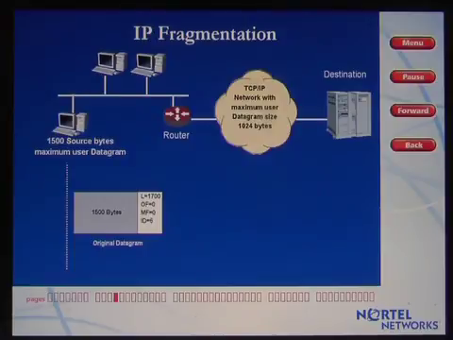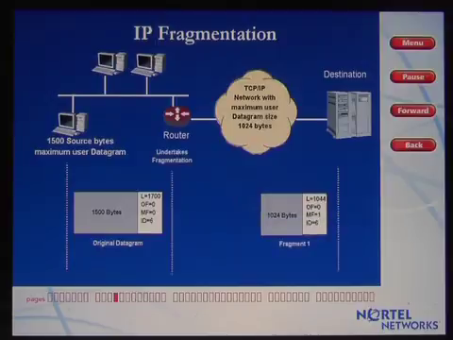Only once the last fragment, with more bit set to 0, has arrived have all the fragments been received. Finally, the host needs information that all the fragments can be reassembled in the right order. This is achieved using the offset field in the IP header. This allows the host to reorder the fragments should they arrive in the wrong order.